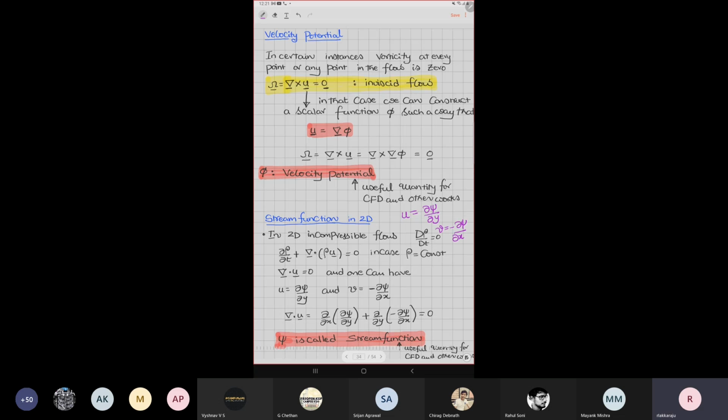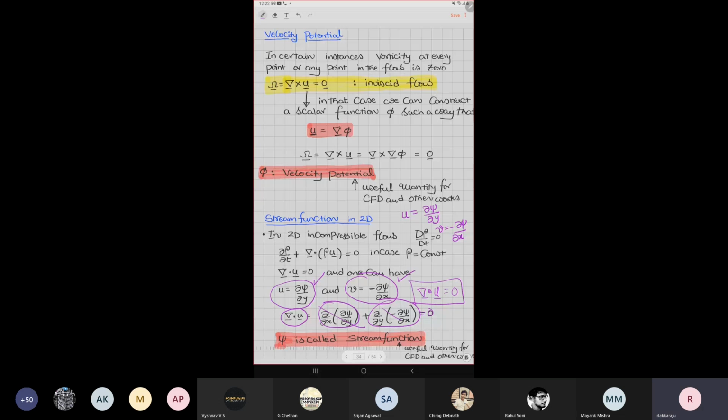If we write the velocity field as del psi by del y and minus del psi by del x, then divergence of u is del by del x of del psi by del y plus del by del y of minus del psi by del x, both really get cancelled out to give you divergence of u is equal to 0. That means whenever you have divergence of u equal to 0, one will be in a position to really introduce something named stream function.